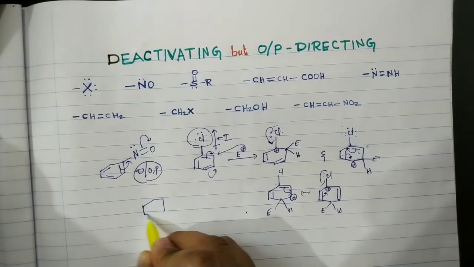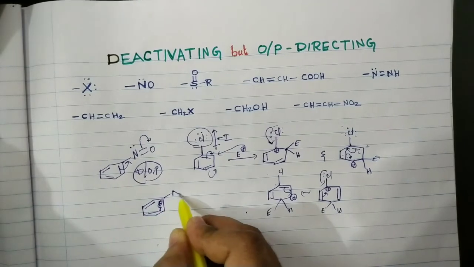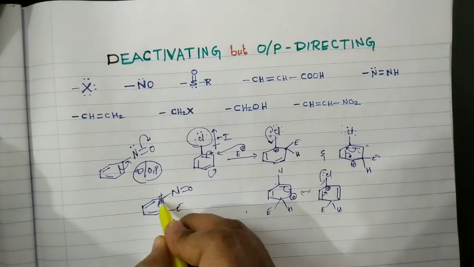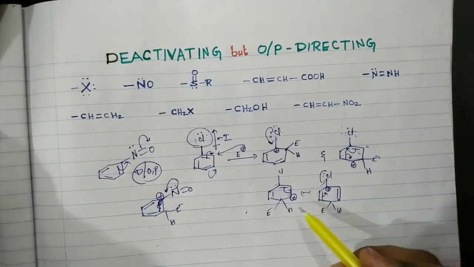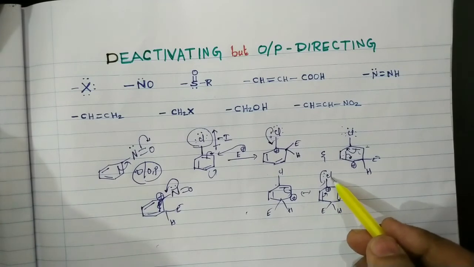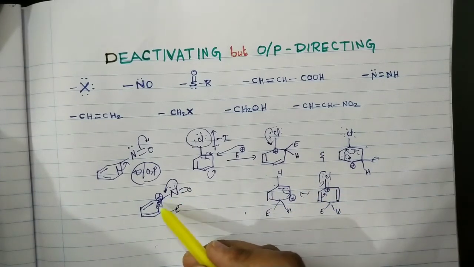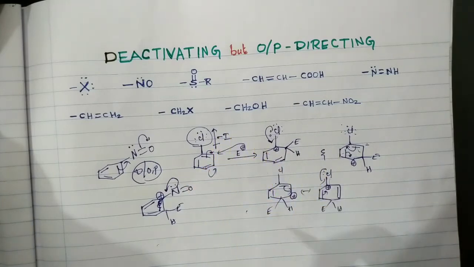Here also the sigma complex is stabilized by the plus M effect of the lone pair of electrons. When the electrophile attacks at the ortho position, this carbon carries a positive charge. When the electrophile attacks at the ortho position or para position, the group attached carbon gets a positive charge, which of course may be stabilized by the plus M effect. Here also it is stabilized by the plus M effect. That plus M effect gives some extra stability.